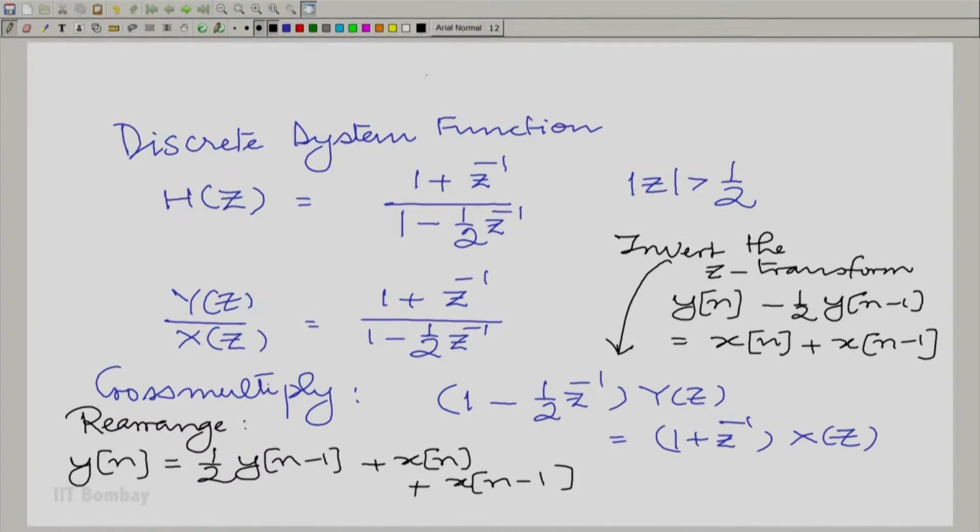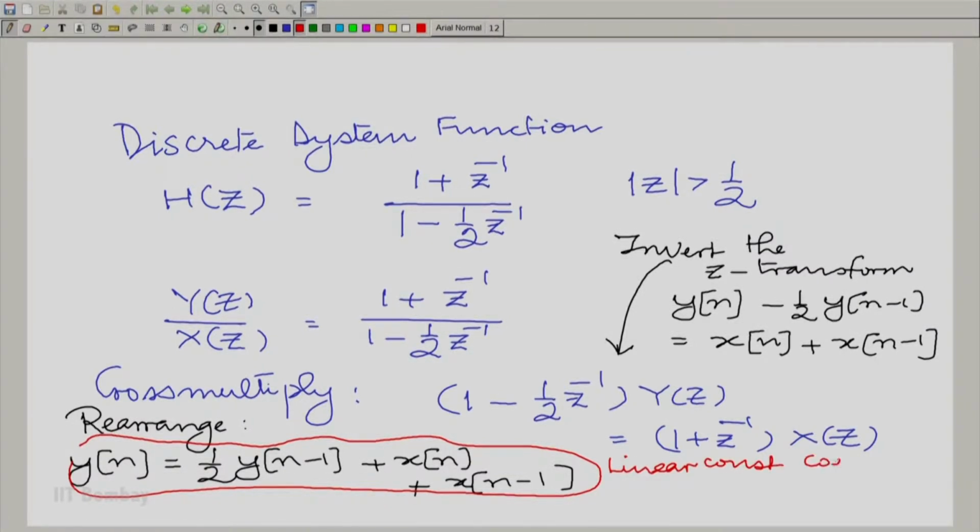Now, this is the central idea in all this. This is an equation involving the two sequences x of n and y of n. In fact, it is what is called a linear constant coefficient difference equation as opposed to differential. And interestingly, this also abbreviates to LCCDE.